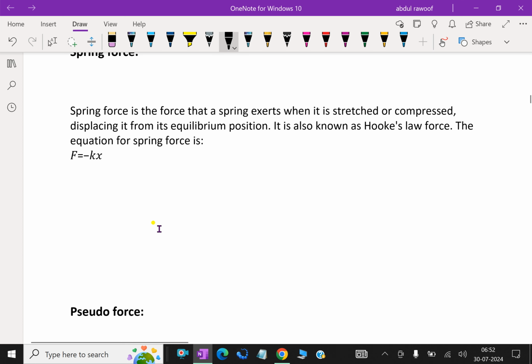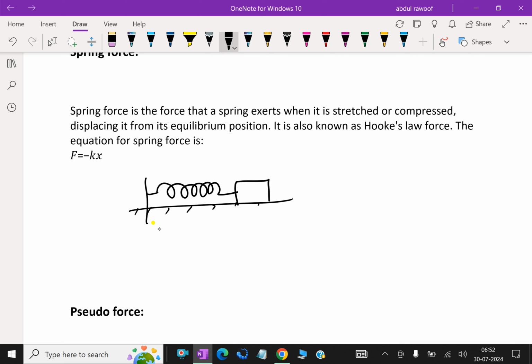Here the spring force system is like a spring with a body of mass M, which is pulled and released, so it oscillates.